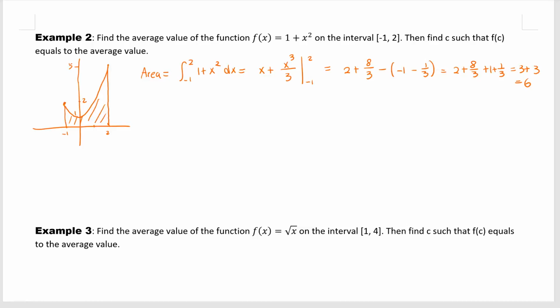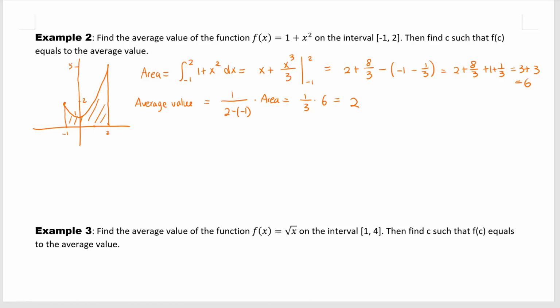Now, what is the average value? What's the length of the interval? The length of the interval is 2 minus negative 1, which is 3. So the average value is 1 over the length of the interval times the area, and the area is 6.